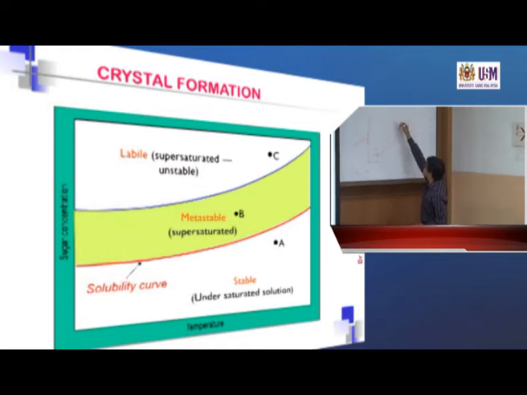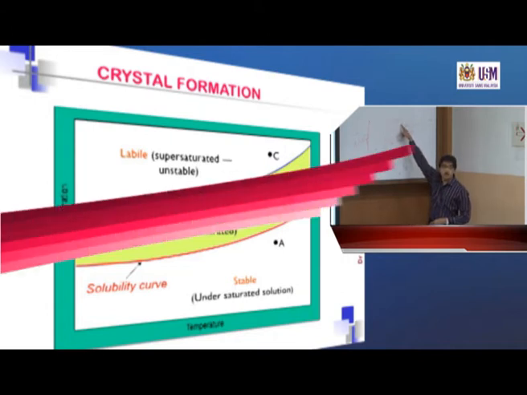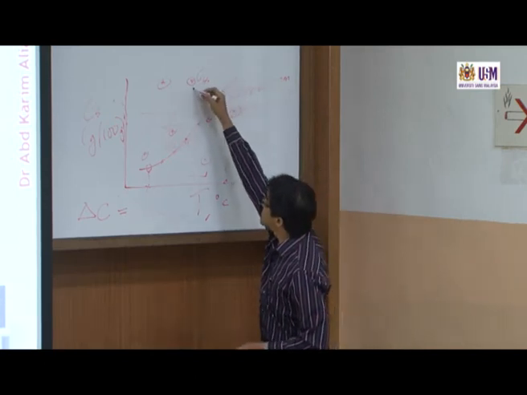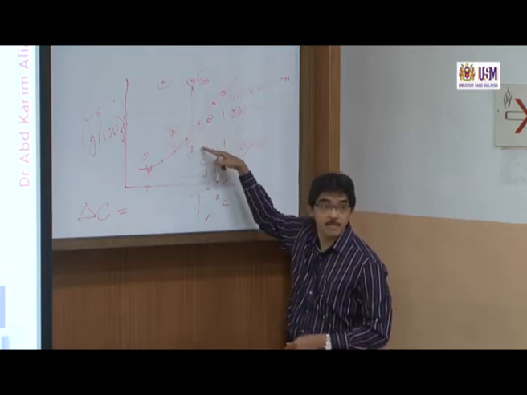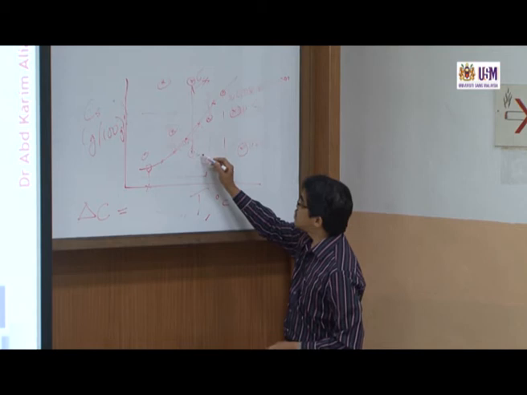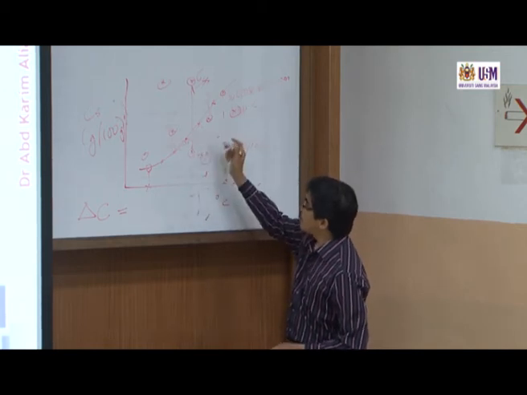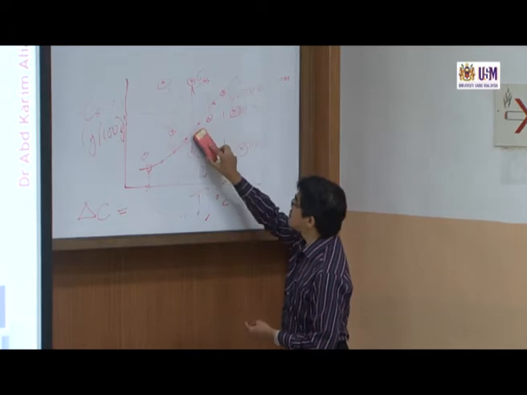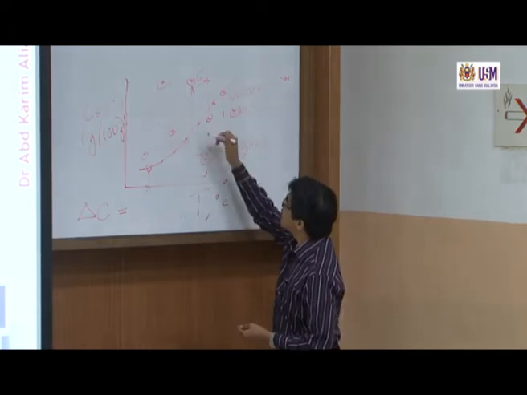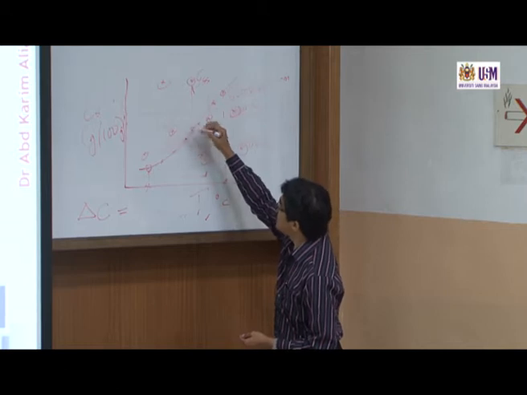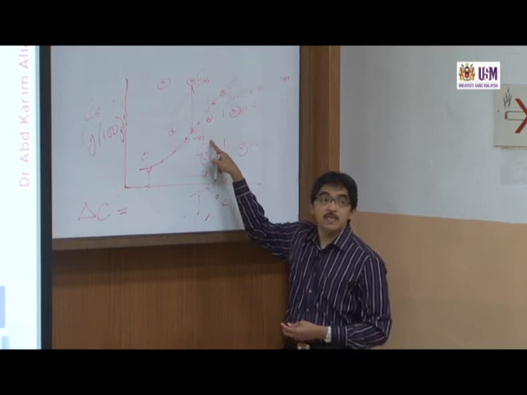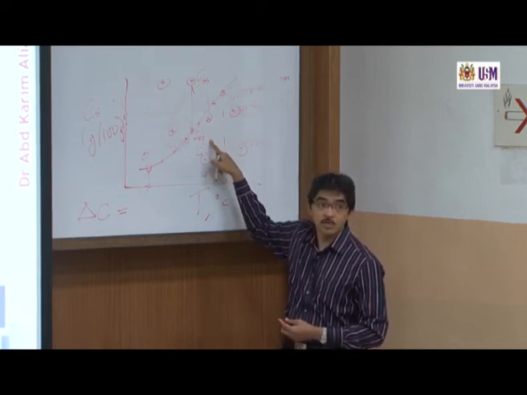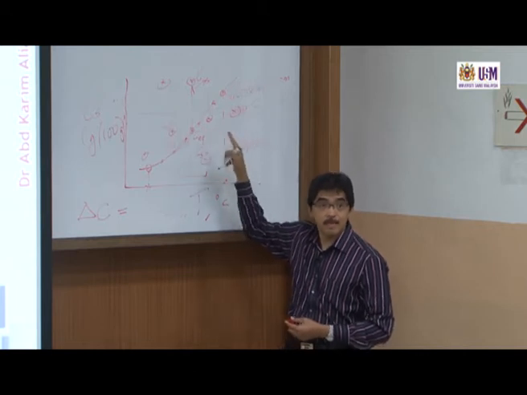Let's say this point here is CSS, the solute in the supersaturated state. Let's compare this with this point below the line, meaning undersaturated. So this on the line here is the CEQ, which is the CS, or the solubility value of that solute at that particular temperature.